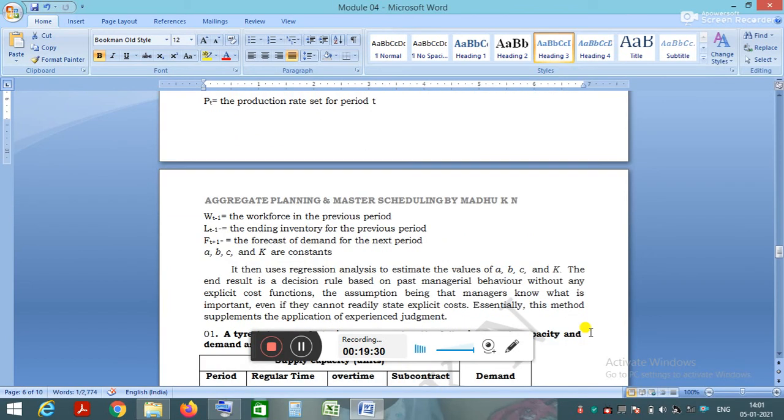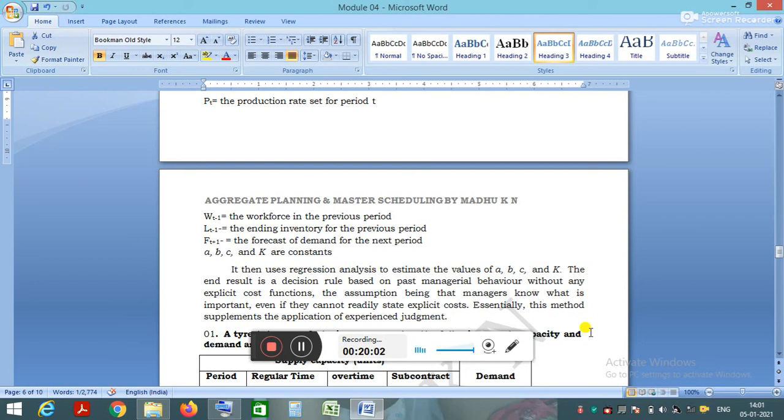Then it makes use of regression analysis. We already discussed regression analysis in the second module, in the forecasting chapter. It makes use of that linear equation, and then it makes use of regression analysis to determine the constants A, B, C and K. The end result is a decision rule based on past managerial behavior.